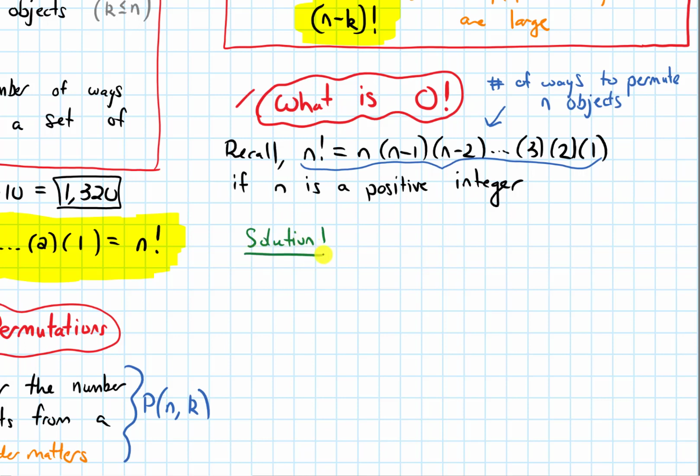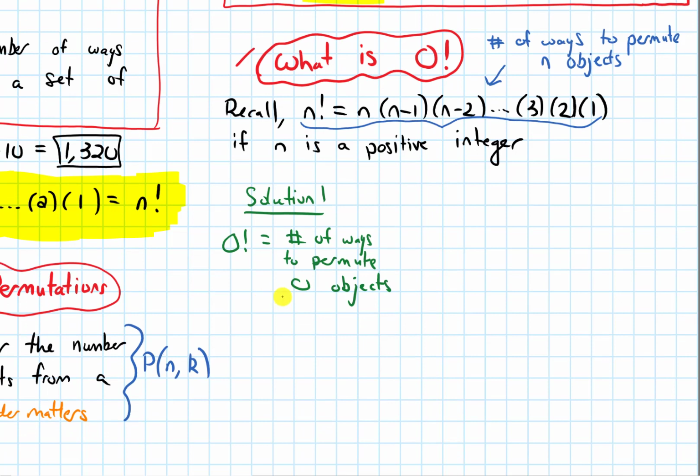So the first argument I'm going to give is a counting argument. Since n factorial is the number of ways to permute n objects, that means 0 factorial should be the number of ways to permute 0 objects. But if we have 0 objects, there's only one thing we can do, which is do nothing.